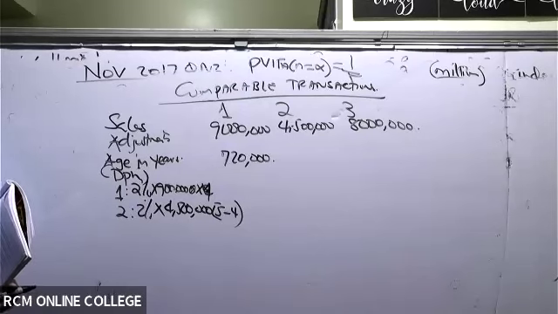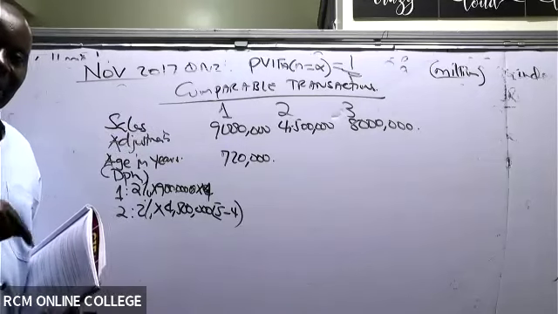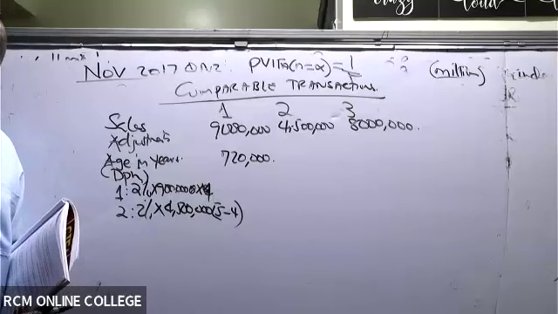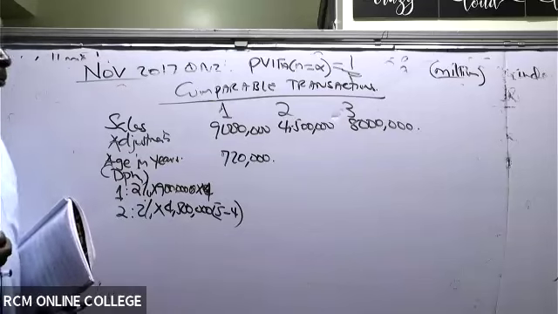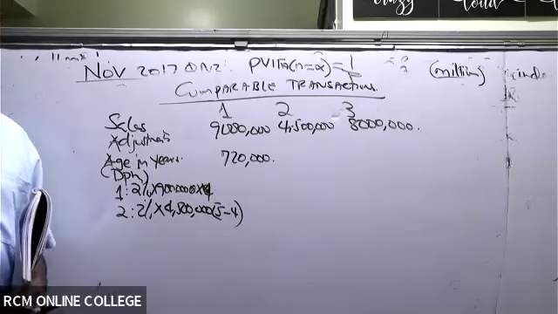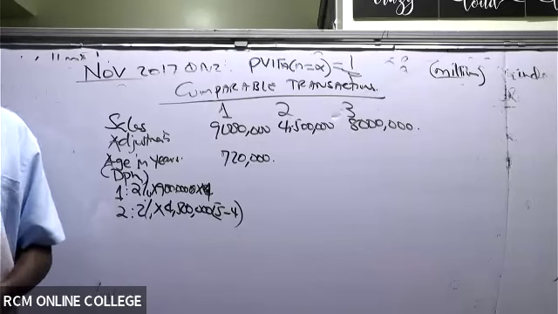Can you first give me this figure? 2% of the 4.5 million is per annum, times the age difference, 5 minus 4, that's 1. Olivia, please talk to me as well. What figure are we getting here?